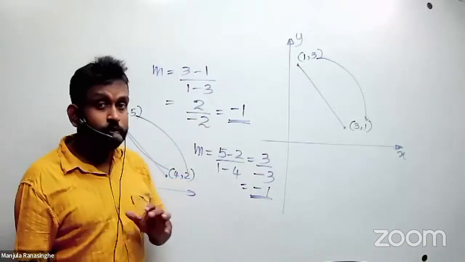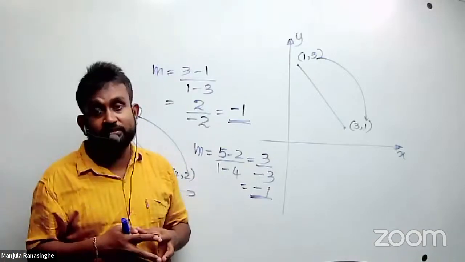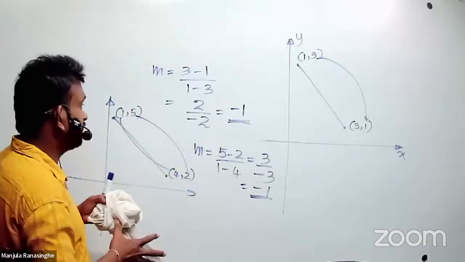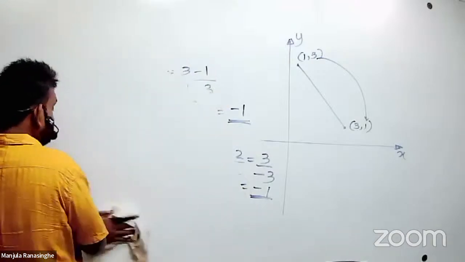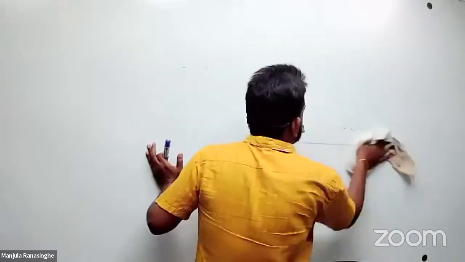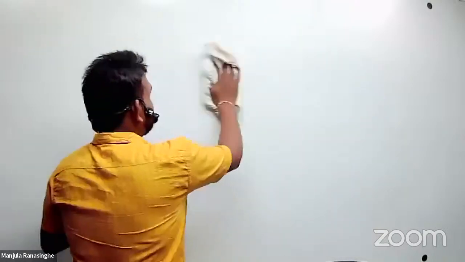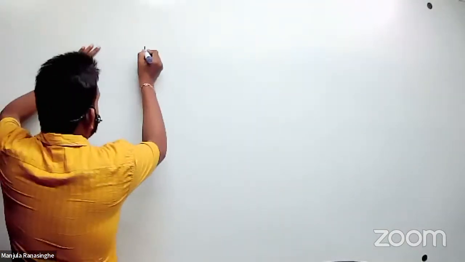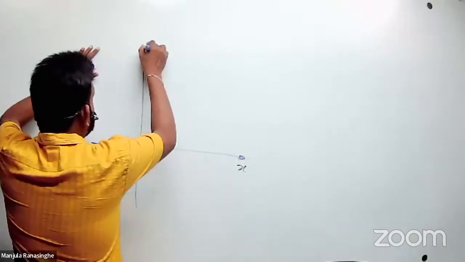Fine. So now you know how to find the gradient when the graph segment is drawn. Okay, right. So these are the bit difficult questions we have seen in recent years. For an example, the graph is drawn here, x y.